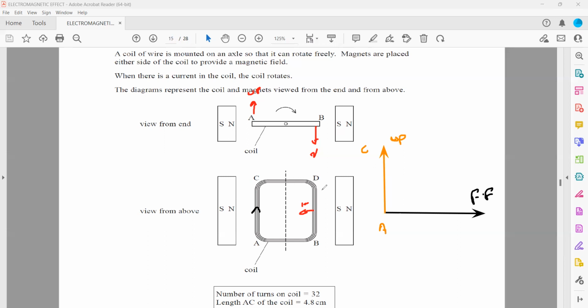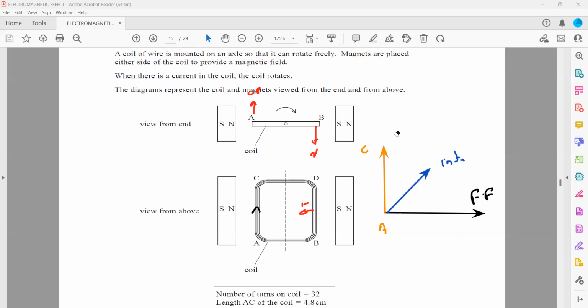We are applying a rule here. First finger represents the magnetic field, second represents the direction of current. So where will your thumb point? Your thumb will point into the page. But we don't want into, we want out. So if the current is not from A to C, the current should be from C to A.